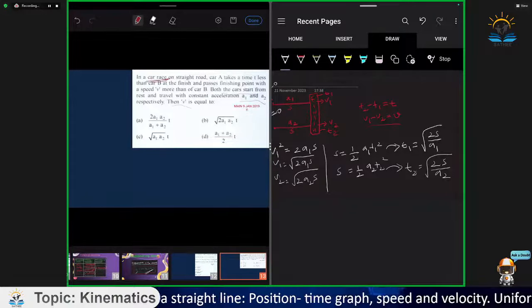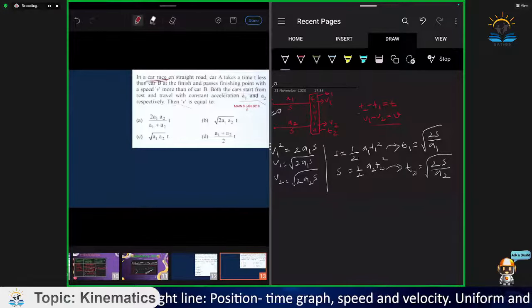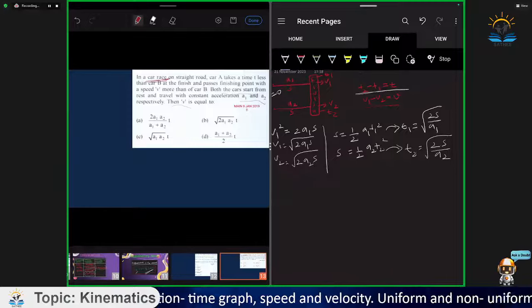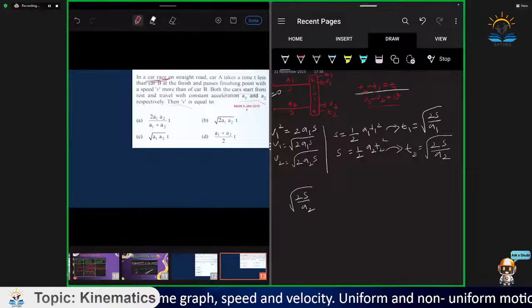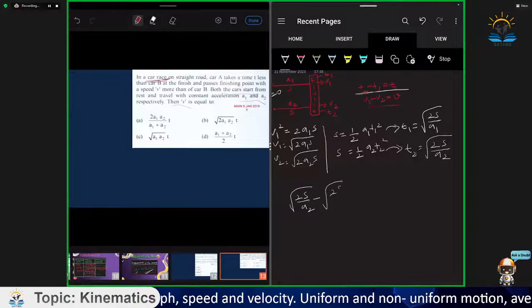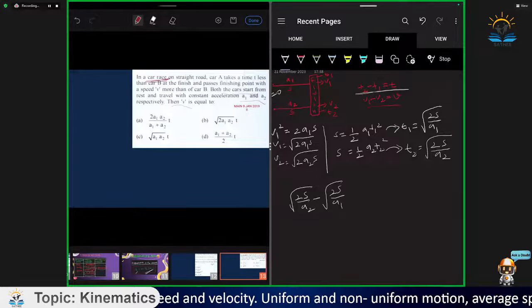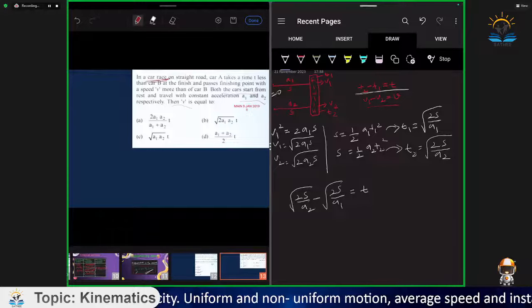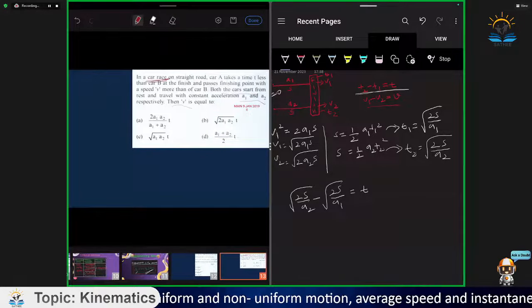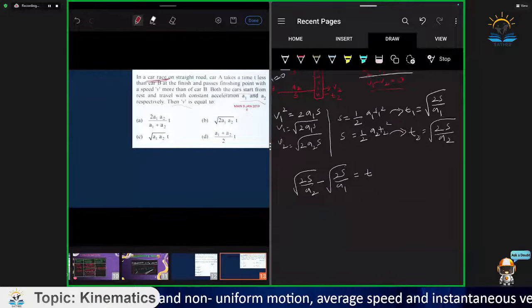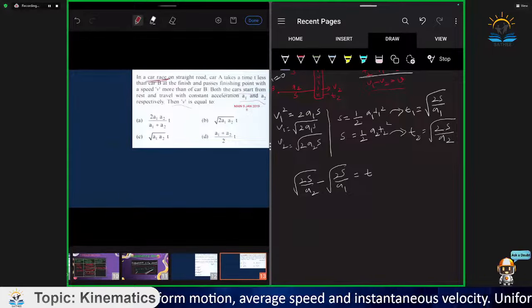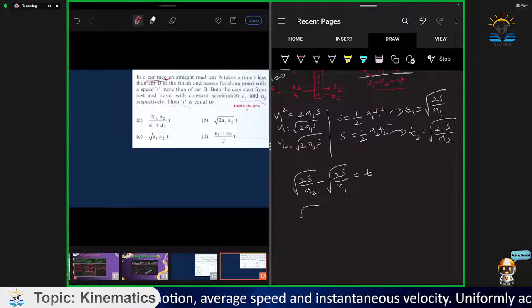And we know that T2 minus T1 is T. So root of 2S by A2 minus root of 2S by A1 equal to T. From this equation I am multiplying root A1 A2 both sides.